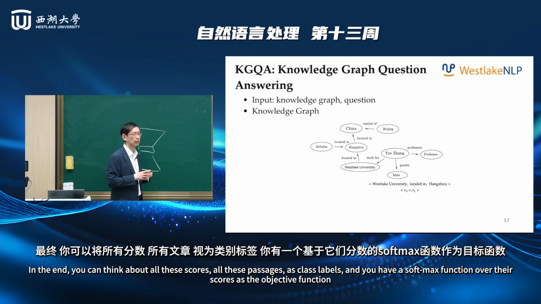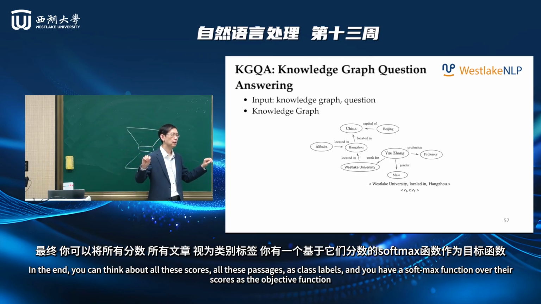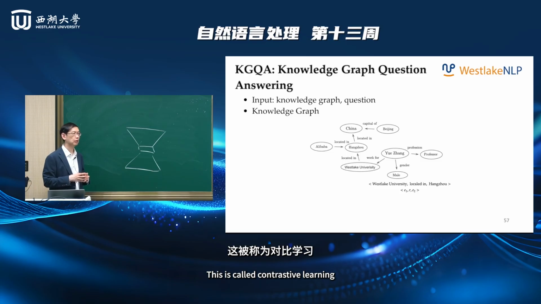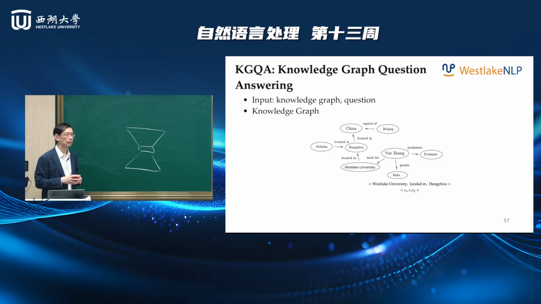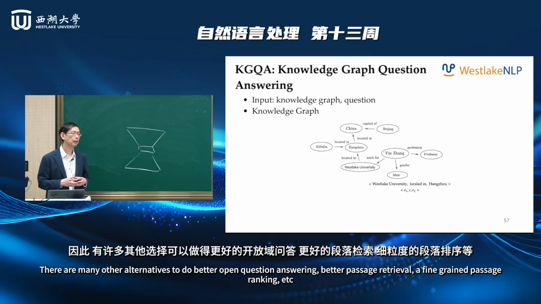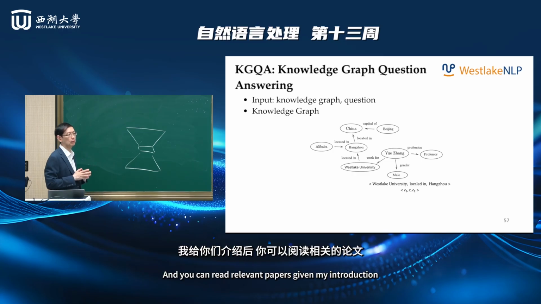So in the end, you can think about all these passages as class labels, and you have a softmax function over their scores as the objective function. This is called contrastive learning. There are many other alternatives to do better open question answering, better passage retrieval, fine-grained passage ranking, etc. And you can read relevant papers given my introduction.